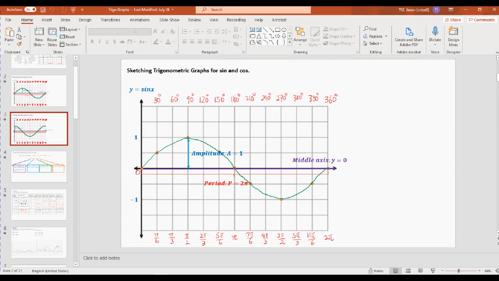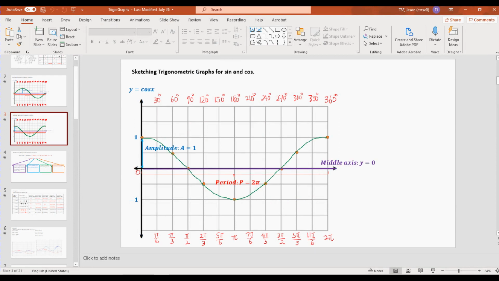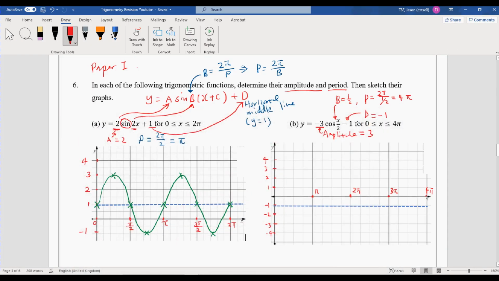Let's go back to see the cosine curve. So this is a cosine curve, and for minus cosine, you need to flip this curve upside down. That means the minus cosine curve should start with the lowest point from the middle line. Cosine has the middle line, and the amplitude is 3, so you should start with -4.